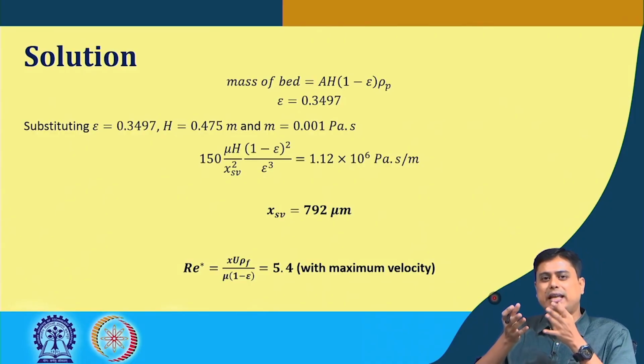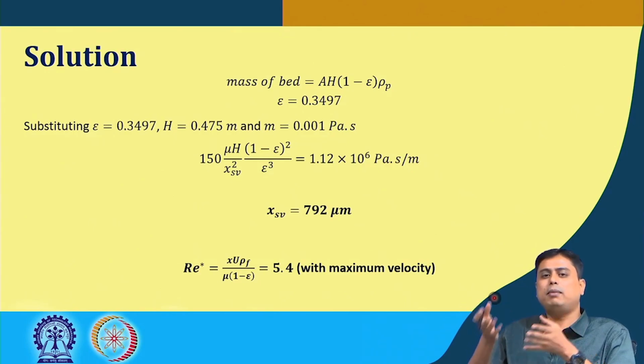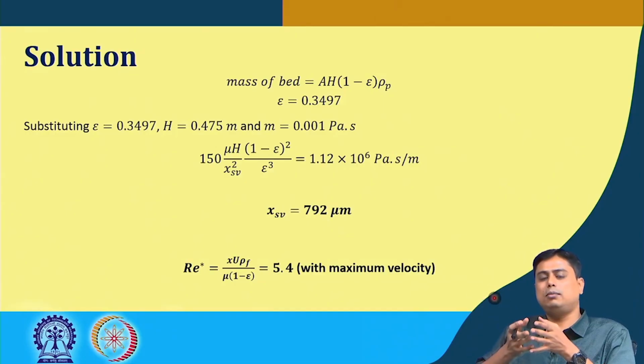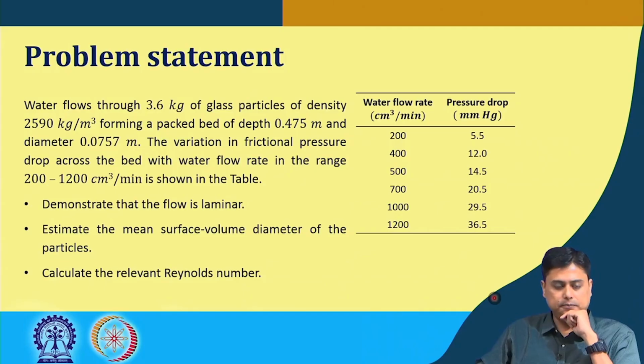So, in a cross sectional area of A, the solid consideration should be A multiplied by 1 minus epsilon multiplied by h, the height of the bed. That gives you the volume of the solid particle, multiplied by rho p, which is the mass of the bed. This mass of the bed is given, which is 3.6 kg.